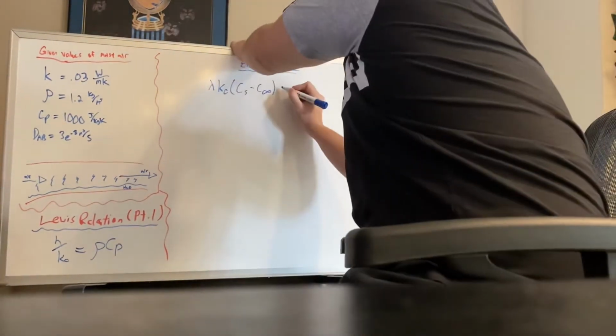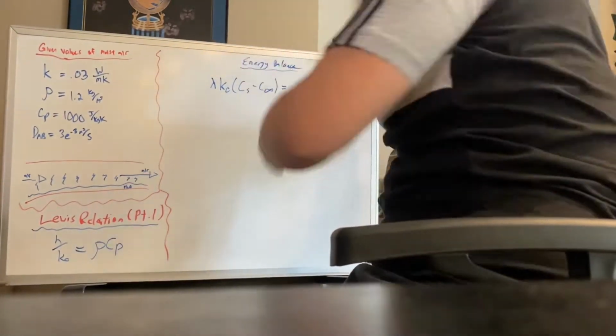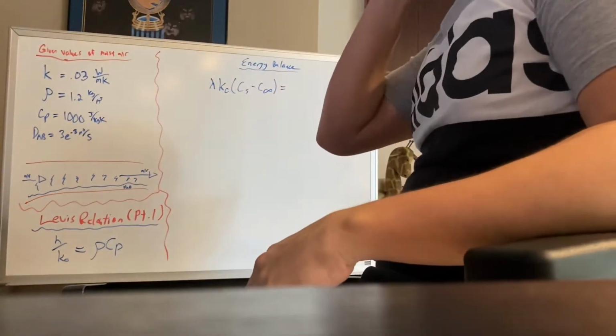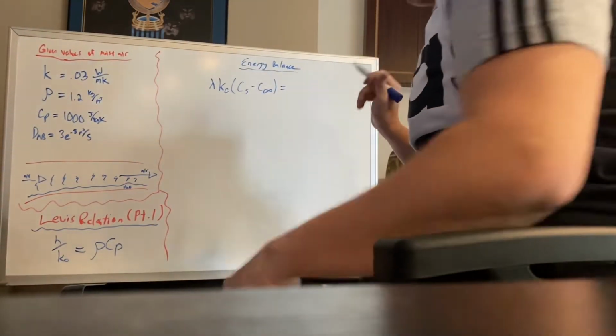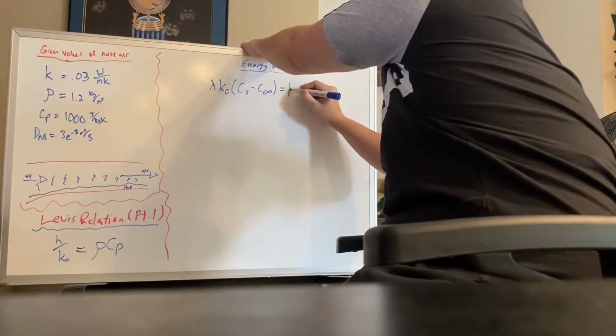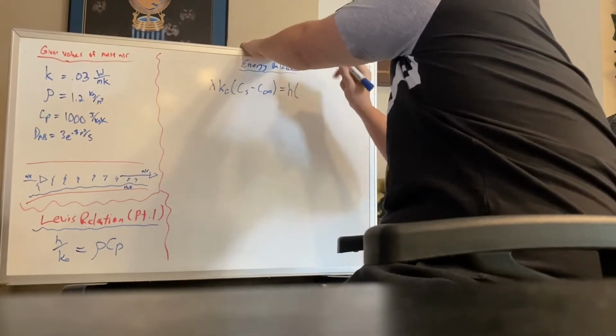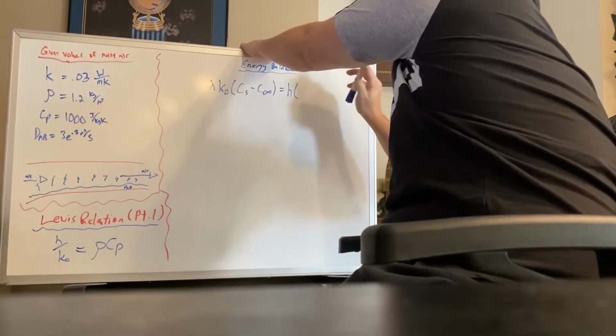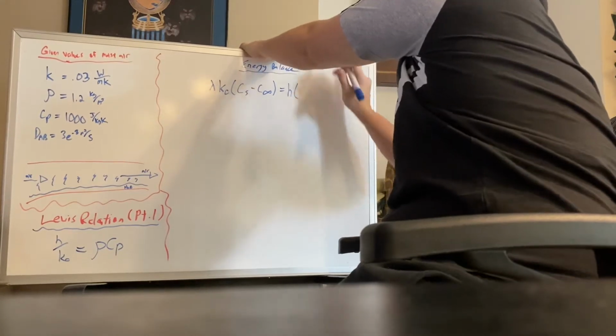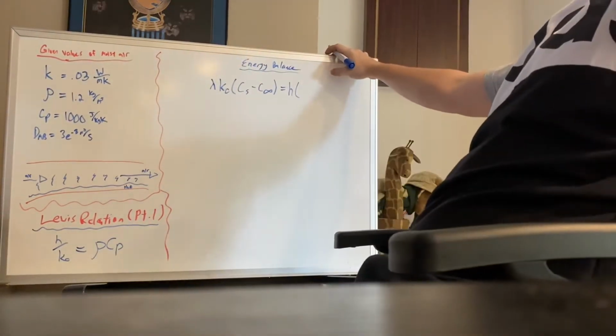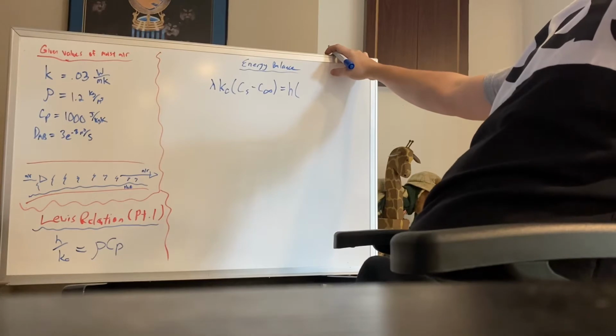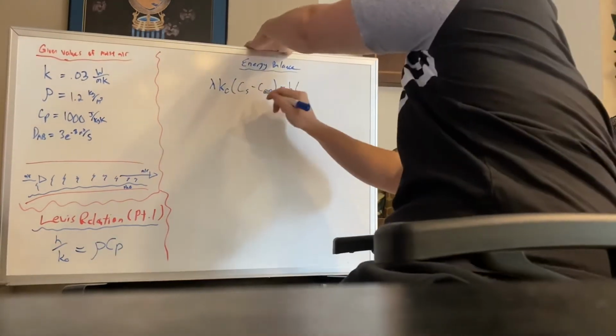Now we need to set this equal to the outlet side of our energy balance. This will be equal to the heat transfer coefficient multiplied by the temperature. I'm trying to think of which way it is. Is it far away? It's far away because it's the inverse of this.